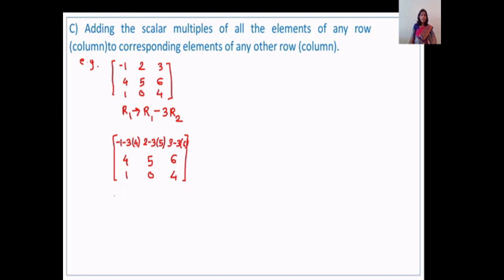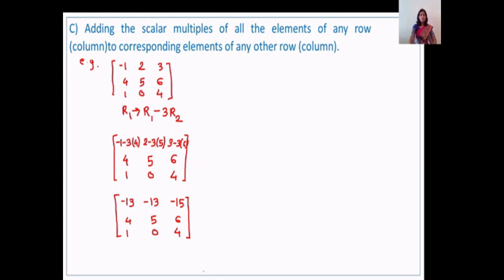So we simplify: minus 1 minus 12 is minus 13, 2 minus 15 is minus 13, 3 minus 18 is minus 15. Then 4, 5, 6, 1, 0, 4 as it is. So this is our answer. This is the adding and subtraction elementary transformation.